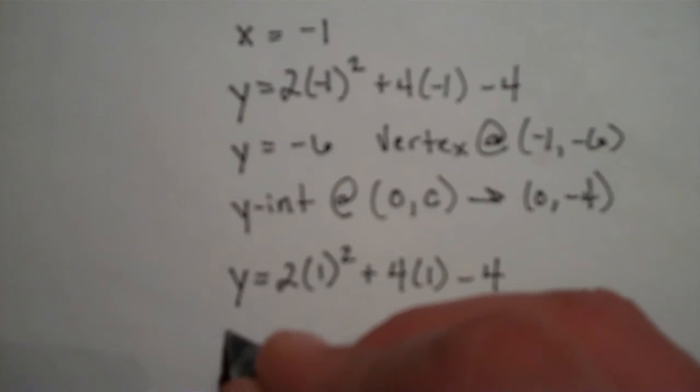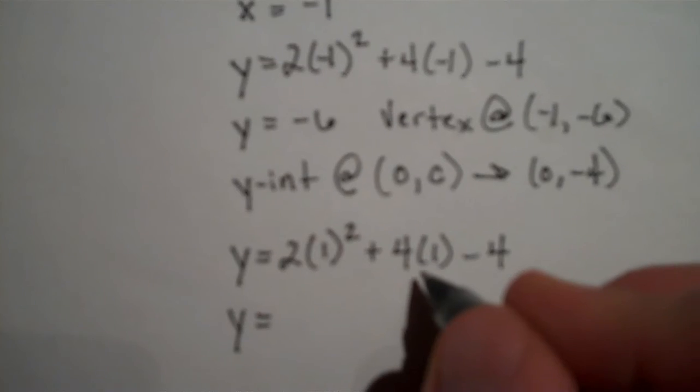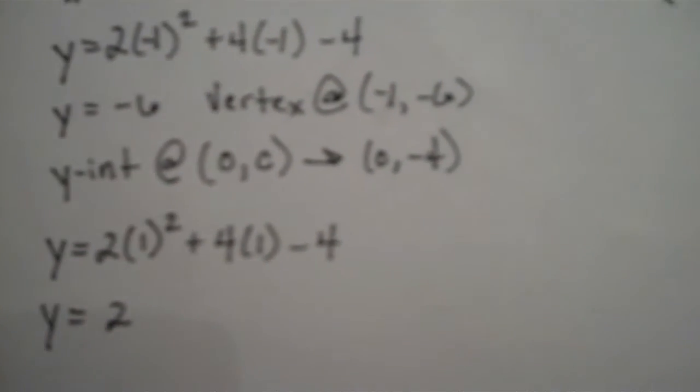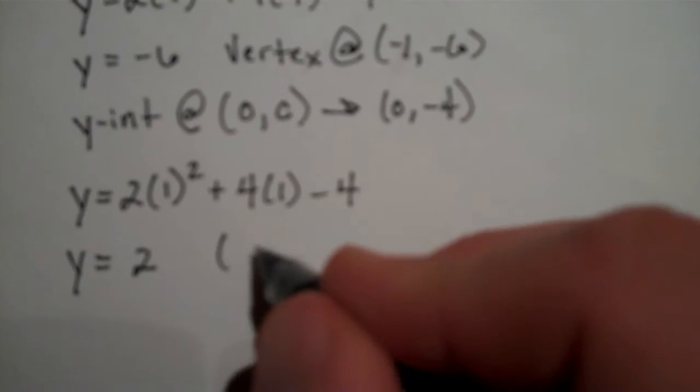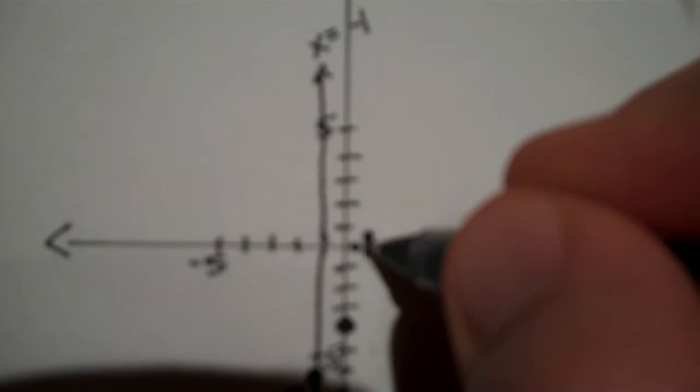So I've got y equals, this becomes 2 plus 4 is 6, minus 4 is 2. So I have the point now 1, 2 that I can plot. 1, 2.